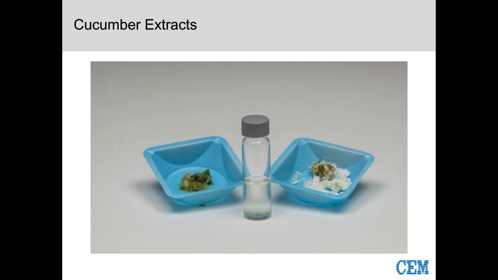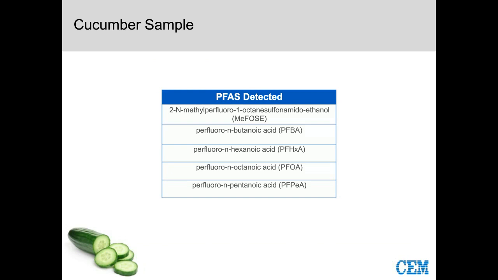And then if we look at the data, we picked up some PFAS. And I don't know how surprising this is. I guess we would hope that there would not be too much PFAS going on in our produce itself, but we did pick up a few. I do want to note that I'm not talking about quantification here, okay? I'm not talking about these being over any sort of limits.